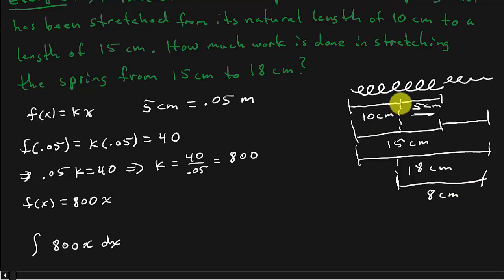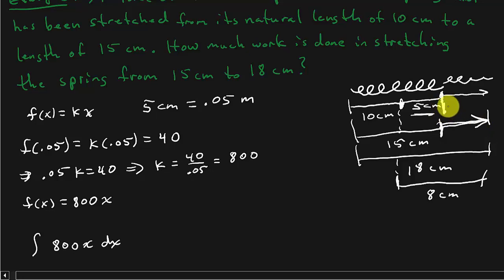So remember, its natural length is 0. And so if we're going to stretch it from 15 to 18, you see that? From 15 centimeters to 18 centimeters. Well, where are we starting?